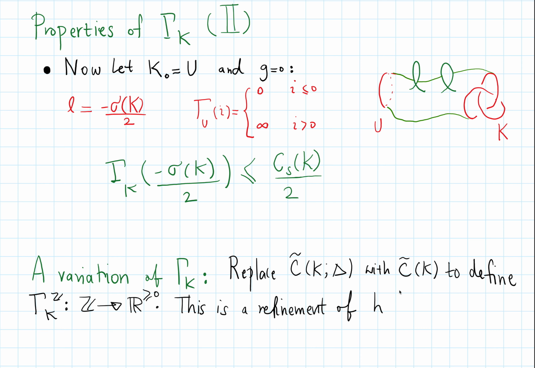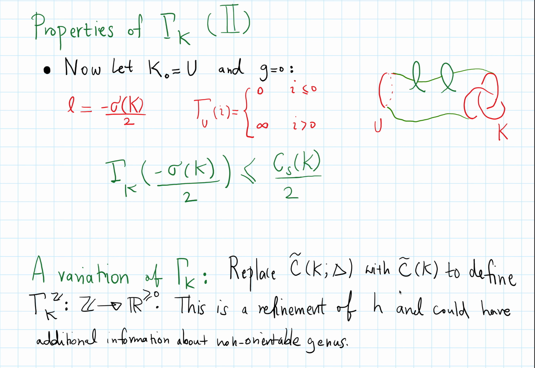Remember that this was a non-orientable genus bound. So this way we would get some invariant gamma k Z, which is related to the non-orientable genus, and potentially could have some more additional information.